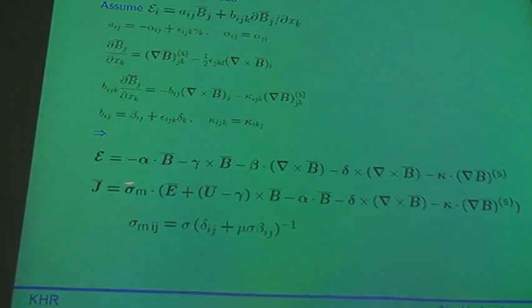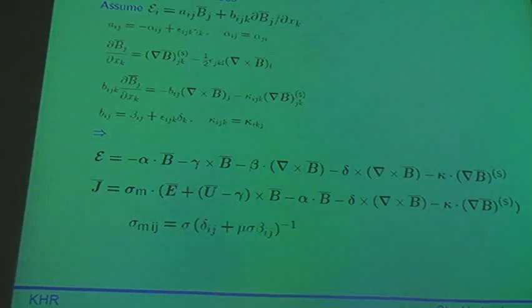And if you do this, you find this representation of E. And you find Ohm's law in this form if you again introduce mean field conductivity which contains the beta tensor.